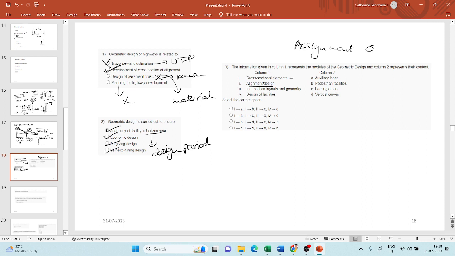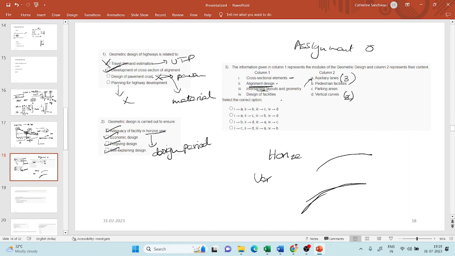Alignment design: horizontal alignment is there, which is the radius, and vertical alignment is there, which is the slope of the curves, which is vertical curves. So alignment design can be matched with D. Okay, and intersection layouts and geometry. When you learn about intersections, you will learn something called auxiliary lanes, so this can be mapped to auxiliary lanes.